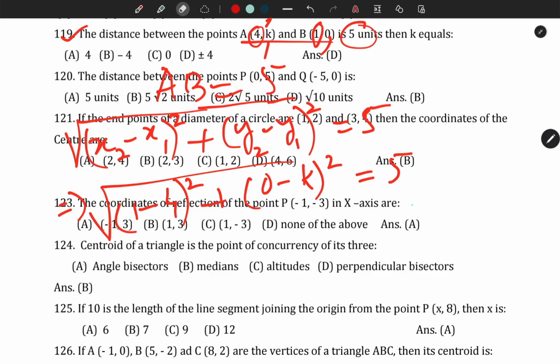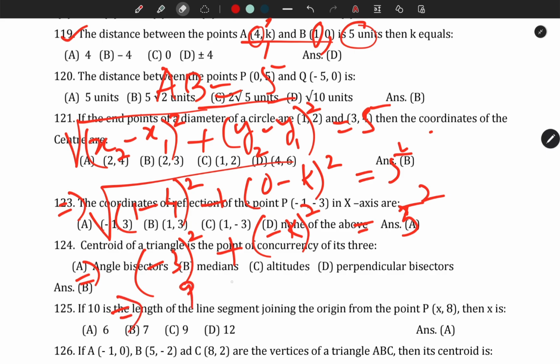Now to get rid of the square root, we will square both sides. That means we will not write out the square root anymore. We'll get 1 minus 4 is minus 3, whole thing squared, 0 minus k is minus k, whole thing squared. And since we are squaring both sides, 5 squared will make 25. Squaring both sides, we got rid of the square root.